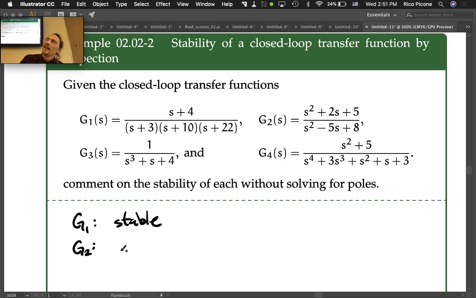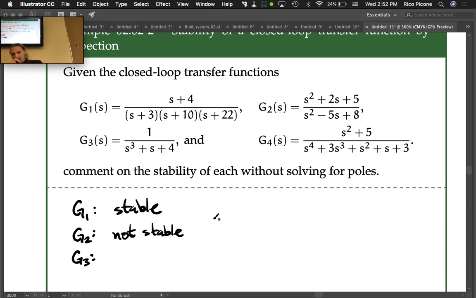Well, actually, the way I said it, we could say not stable. If it's negative, it's unstable. If it's 0, it can be marginally stable. I didn't differentiate between those two, but I'll say not stable. We just don't know if it's marginally stable or unstable, but not stable versus stable is the most important distinction.